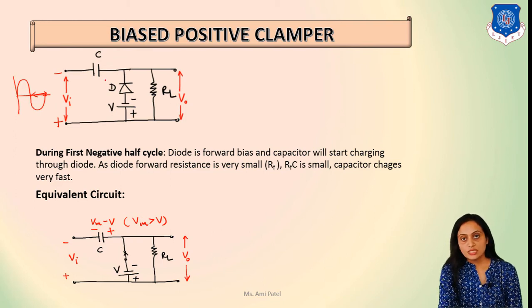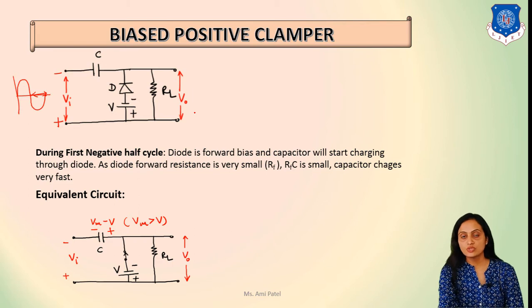Because we had already seen in the previous video of the unbiased positive clamper that the diode is reverse biased during the first positive half cycle. So nothing is going to happen, the capacitor will not charge because the diode is an open circuit. I am not discussing the first positive half cycle because nothing happens.